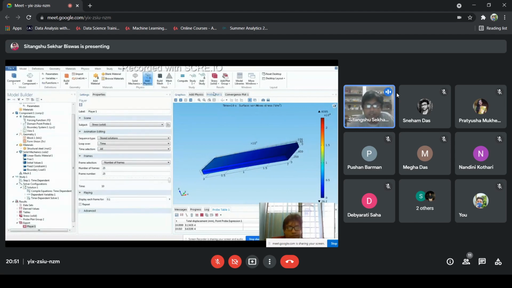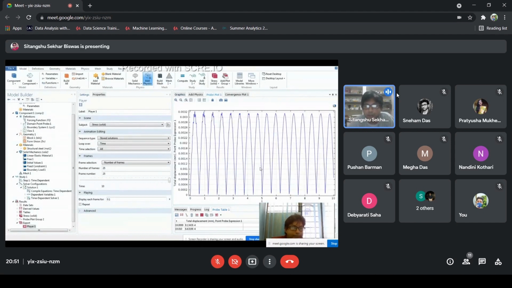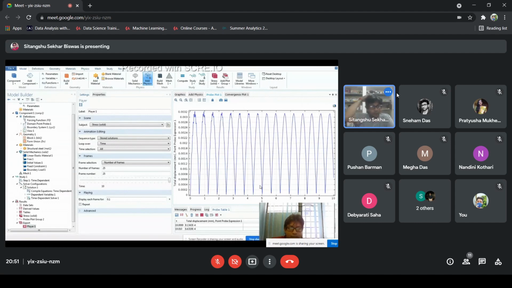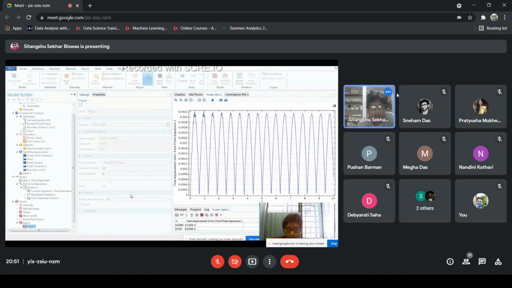Now if you want to see the excitation or the output in terms of displacement, you see initially this area has some overshoot and undershoot. That is basically a transient effect. And once time elapses, slowly it is getting stable. Okay. So this is a very simple example of vibration. We will learn in detail slowly.